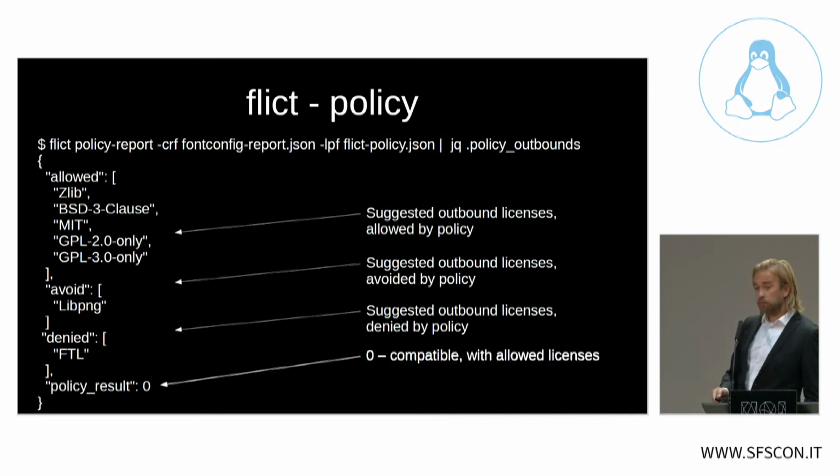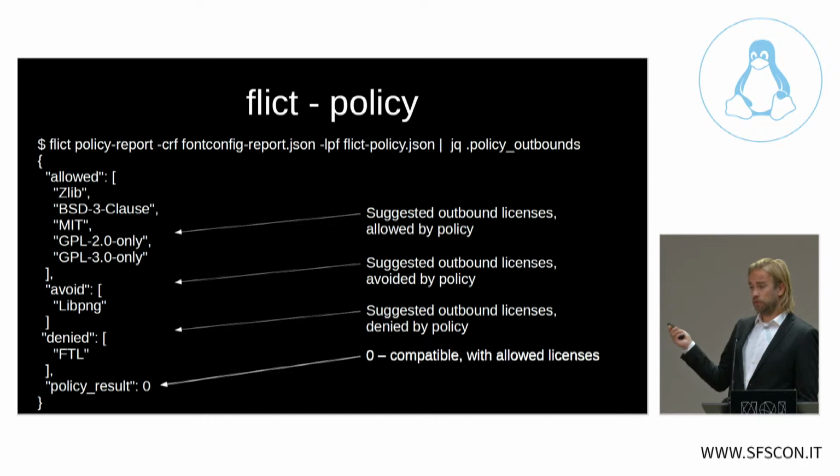And then looking at the policy report, there's, by the way, a markdown output on its way, so you can generate an HTML or PDF report. In this case, we're getting suggestions and we get them listed with the allowed licenses.